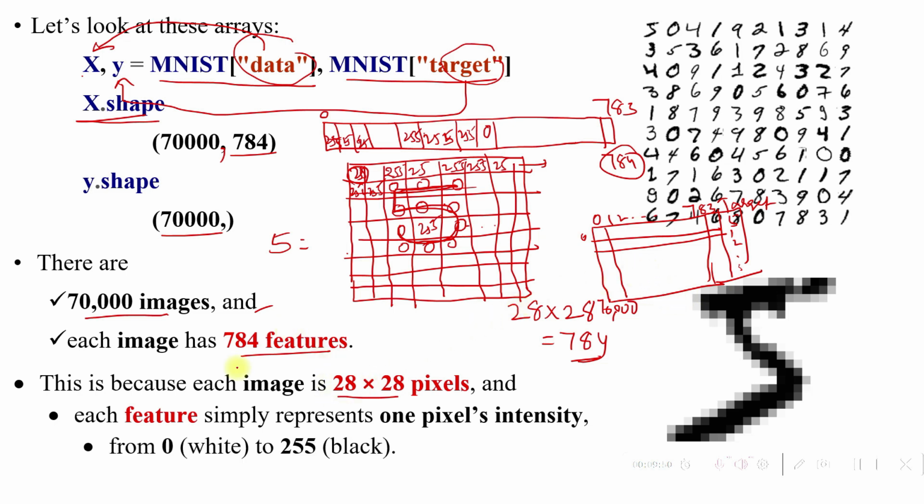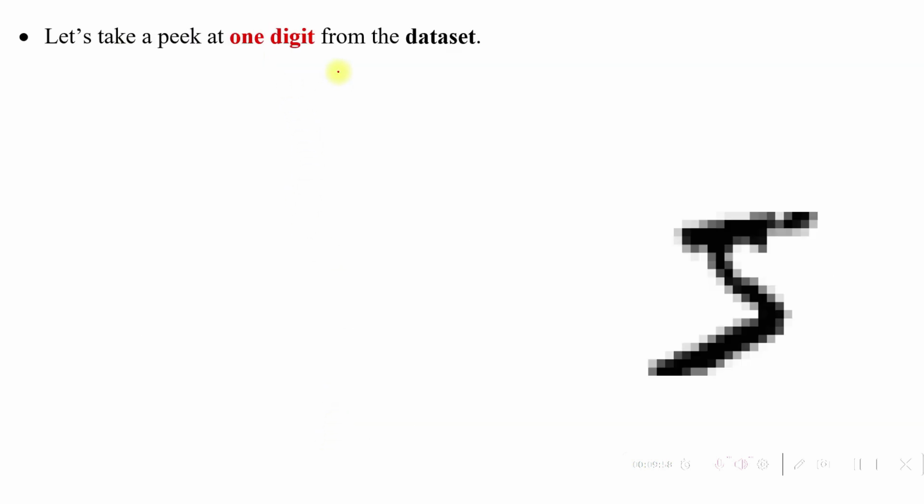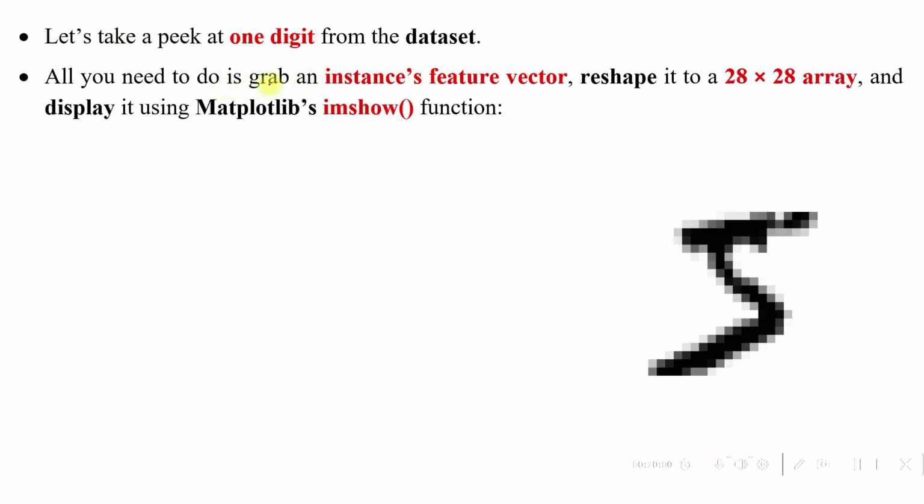Here 0 is white and 255 is black, or vice versa; we can use it either way. Now, how are we going to pick one digit from the data set? We need to grab an instance's feature vector, reshape it to a 28 by 28 array, and display it using the matplotlib imshow function.